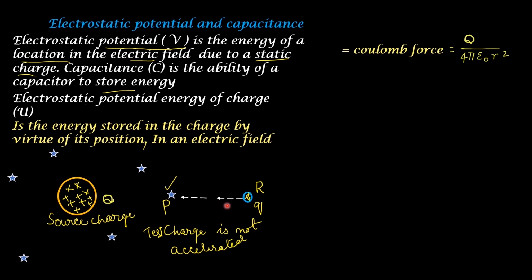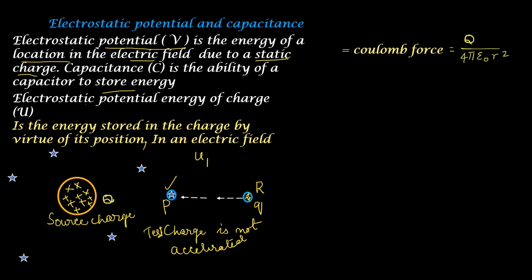So the potential energy acquired by the charge at P will be equal to the work done by applying force bit by bit. The force is changing for each small distance in order to shift it from R to P.